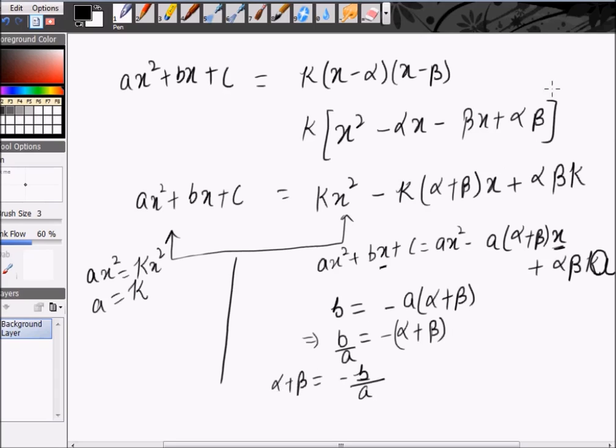Now alpha and beta were the two zeros of the given quadratic polynomial. Therefore alpha plus beta is the sum of zeros.